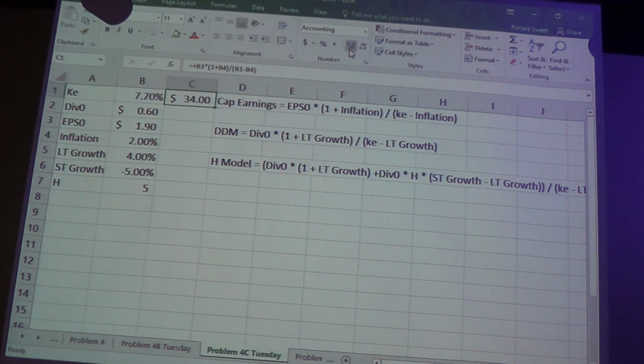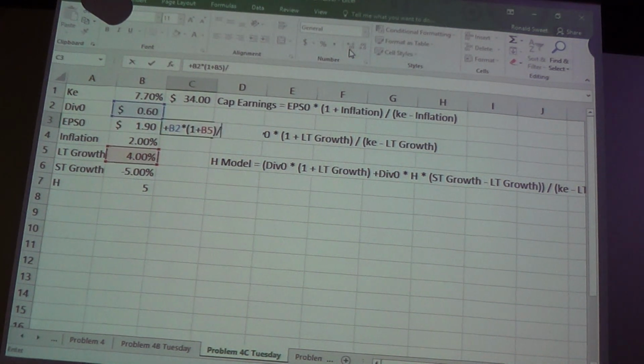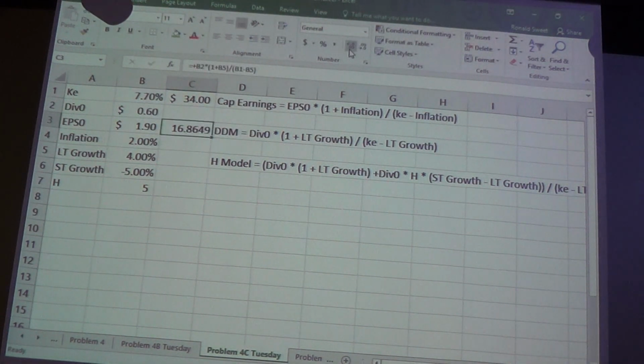That gives you $34. Then you have dividend 0 times 1 plus long-term growth over KE minus long-term growth. So $16.